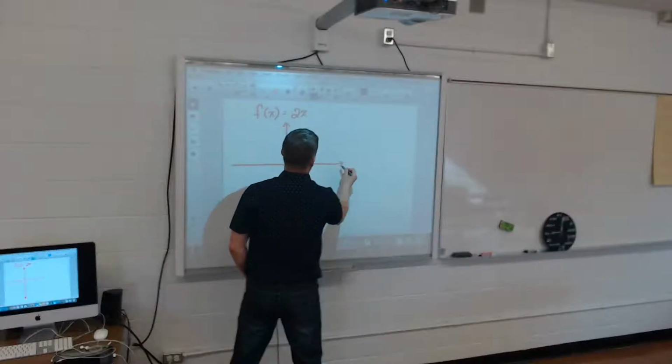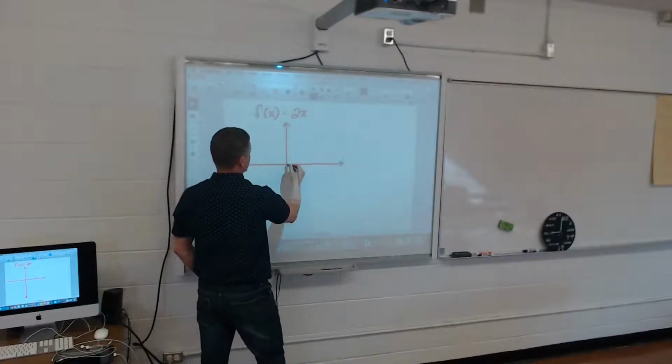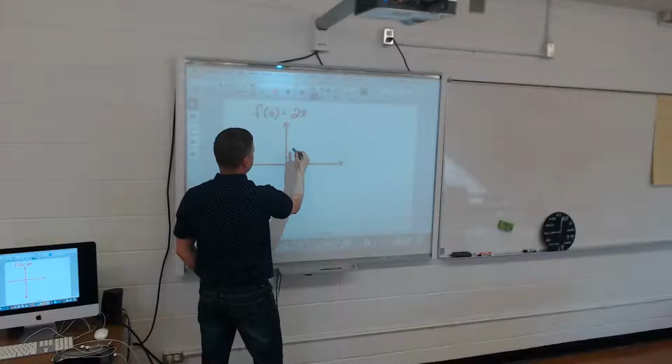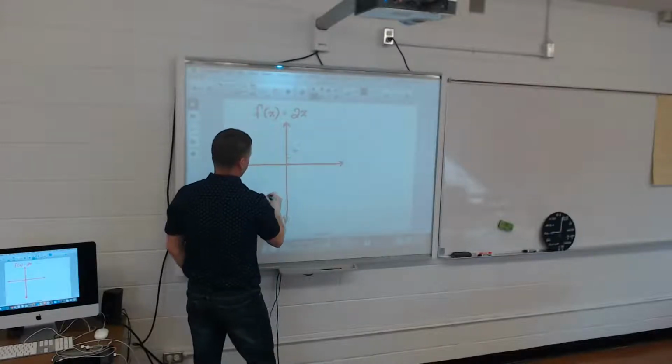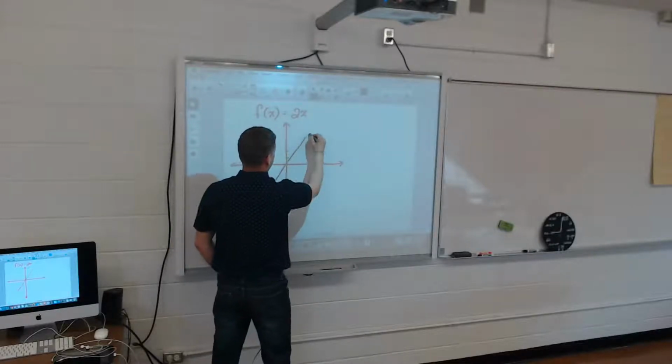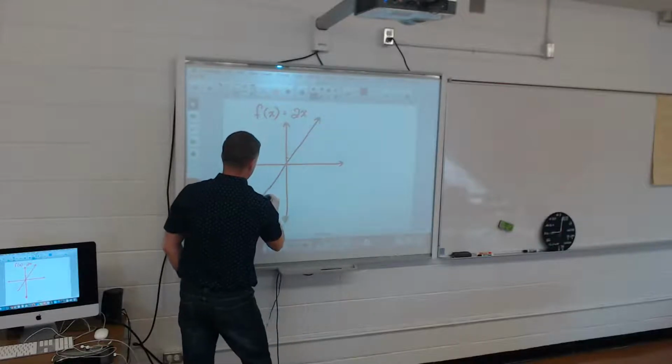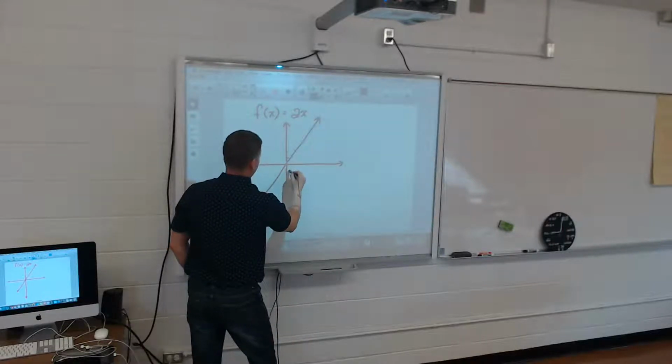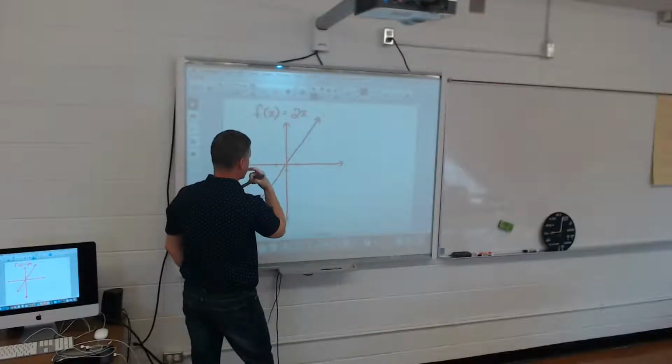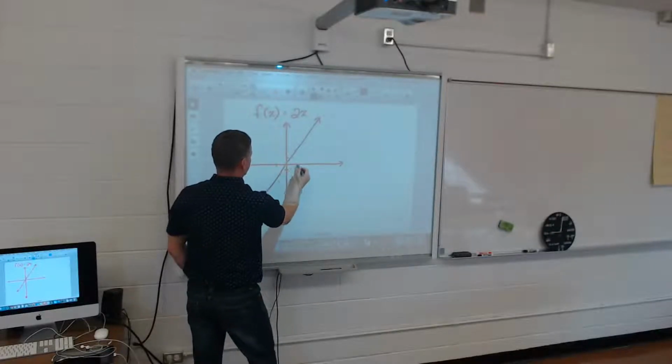So that's the graph of a line in which I start at 0 and 0. I go up 2 and right 1. And that's that right there. Now I'm going to mark in these coordinates right here because these are going to be important to us as we go through.